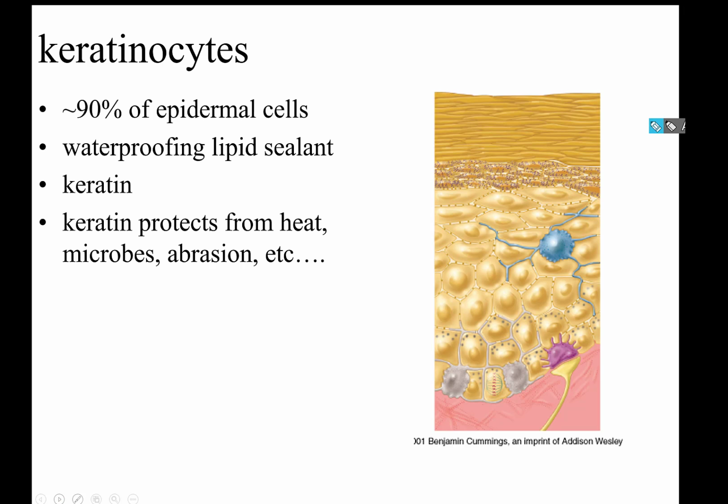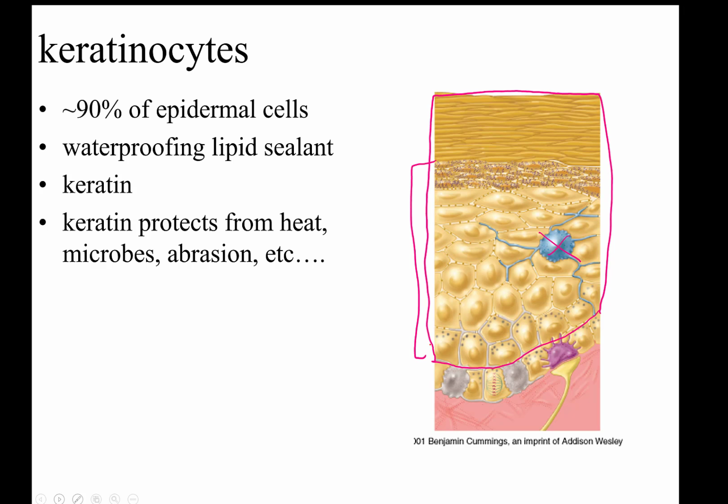Keratinocytes are most of what you see when you look at the epidermis. So everything from here where I'm circling all the way up to here are keratinocytes, with the exception of this one. We'll talk about that guy later. These ones are alive, and these ones are dead.